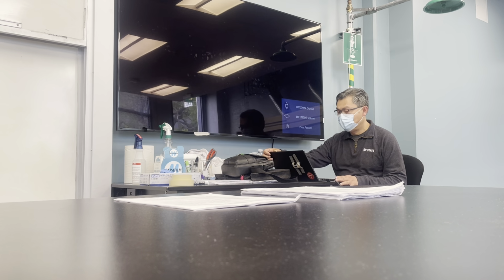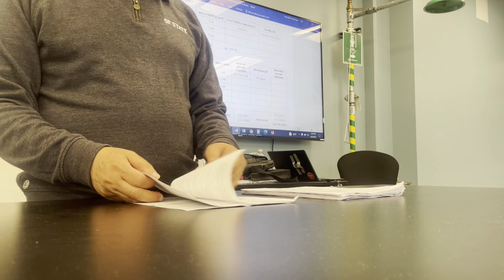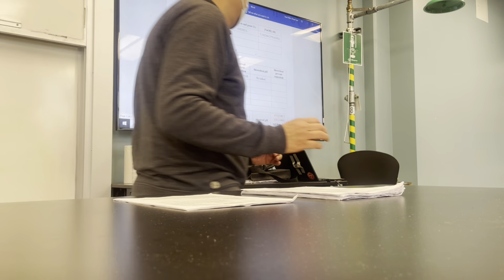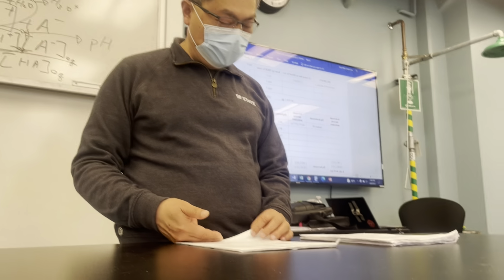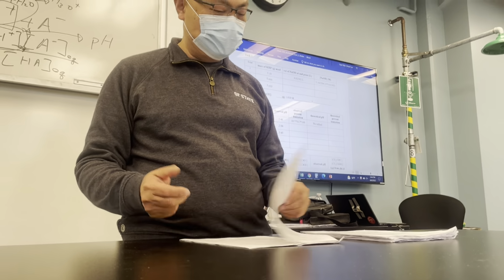You fill it out as you go, starting with the top part. So let's talk about task one. If you have the lab manual, before we go that far, please read the lab manual pages 68 and 69.